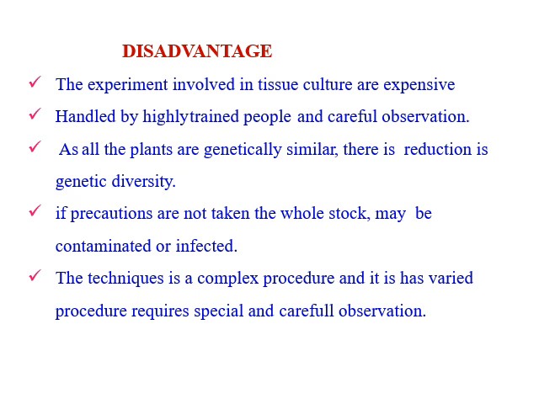If precautions are not taken, the whole stock may be contaminated or infected. What is this? If a trained person is not utilized for tissue culture production, or if any person is not precautionary, we may lose the whole stock because of contamination or any infection of fungus or bacteria, whatever it is.